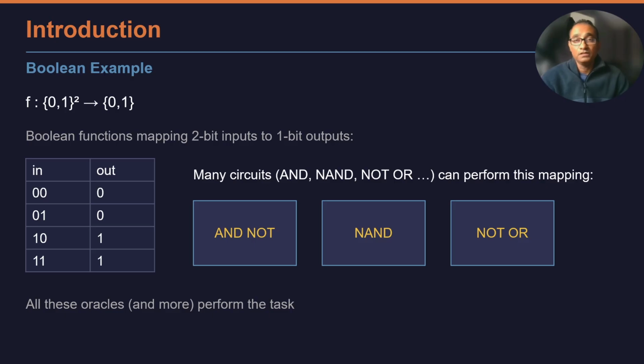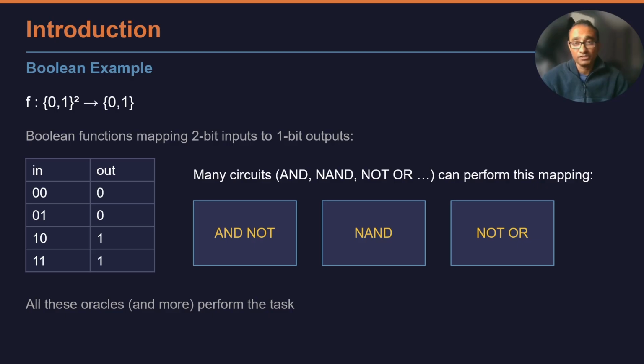It could also be a Boolean function, which helps you do this kind of transition. For example, you can have a 2-bit input which gives you a 1-bit output. And what this Boolean function does is basically mapping of that input to output.